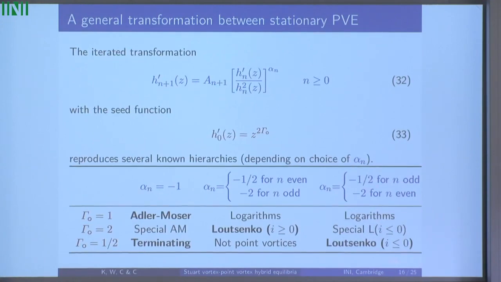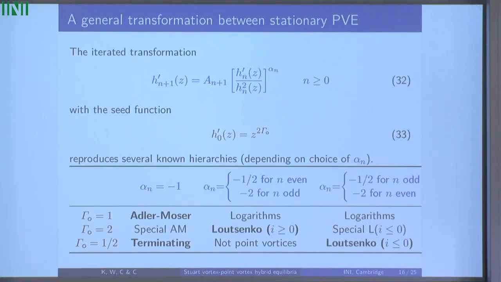For the present, we are going to differentiate between them by saying I greater than or equal to 0, I less than or equal to 0. And if you pick gamma naught is half, and instead of starting with minus half you start with minus 2, and then you do minus 2, minus half, minus 2, minus half in this iterated transformation, you get the other Lutsenko hierarchy.